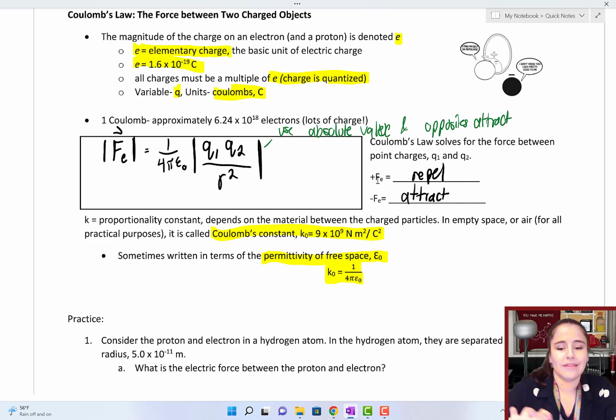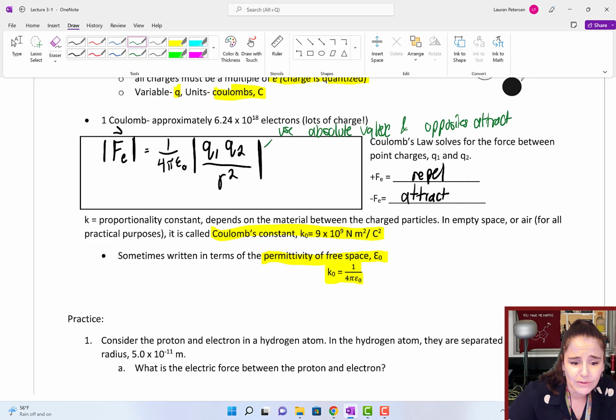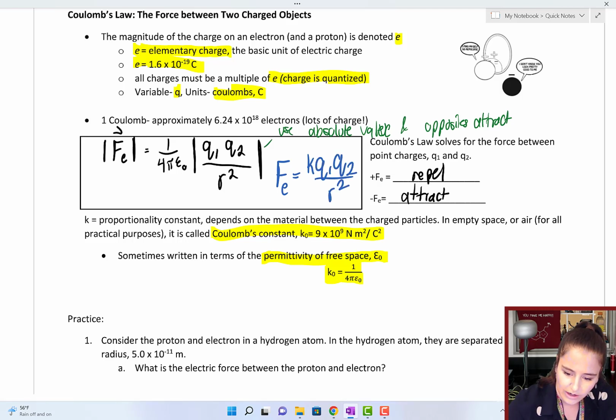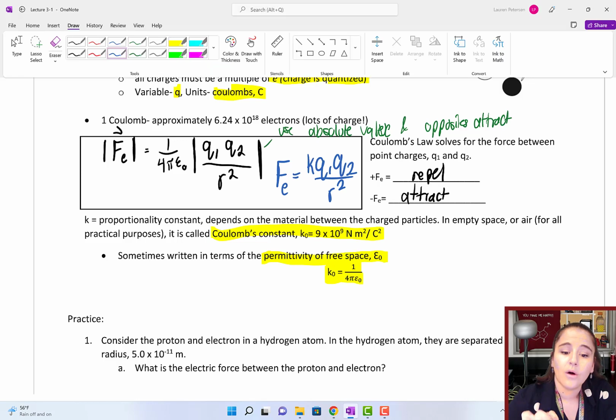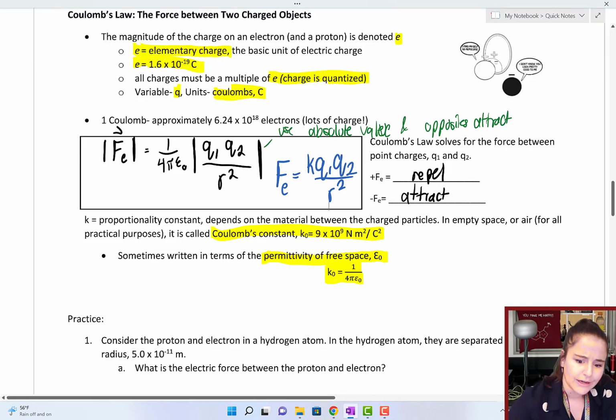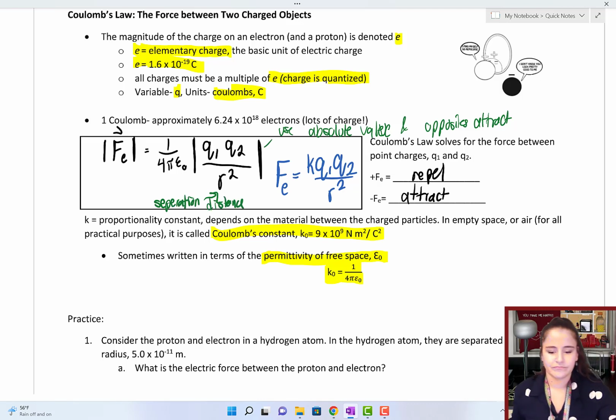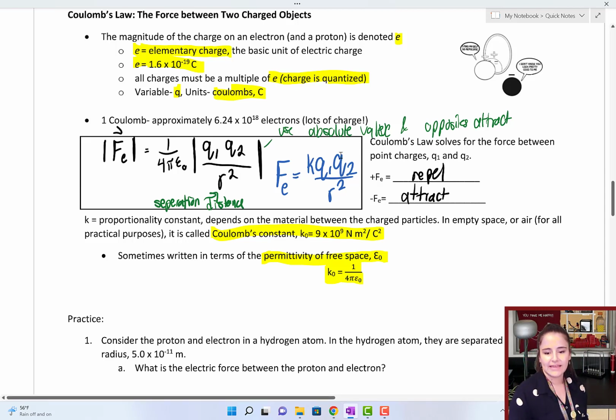And the form that I write Coulomb's law in most often is just that force equals k q1 q2 over r squared, okay? Oh, and r, of course, is not really the radius, but it is the separation distance between those two charges. Again, this k is a constant.